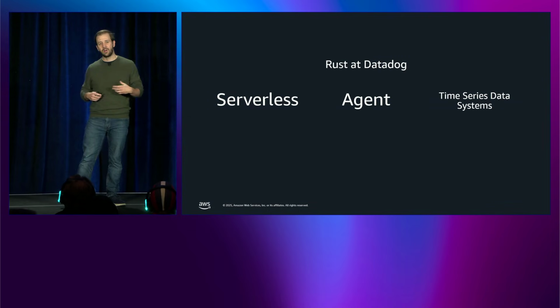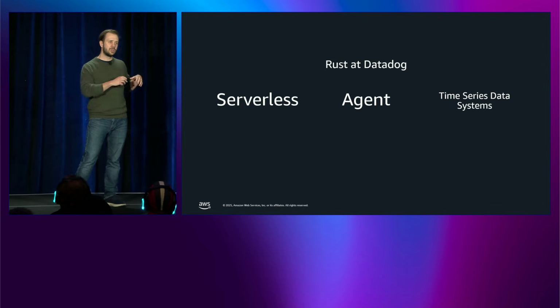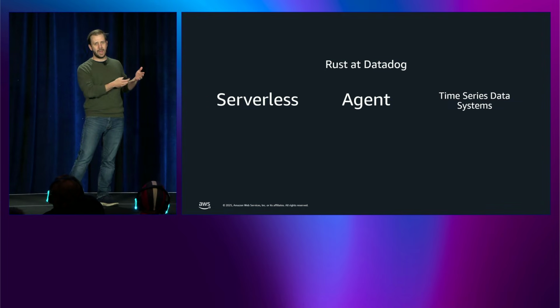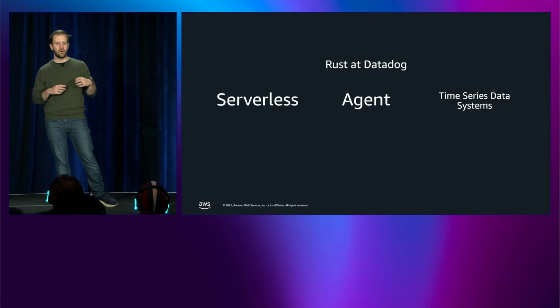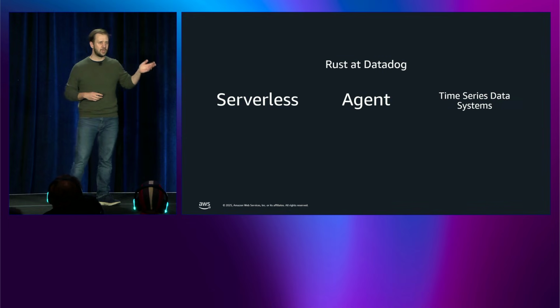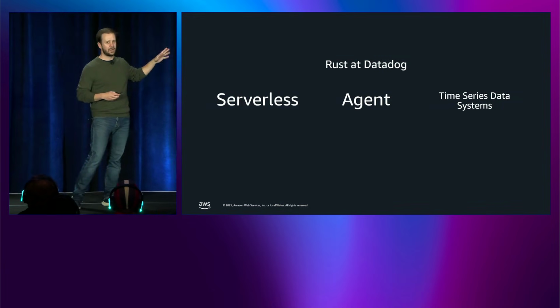The second is in our actual Datadog agent itself, where we're looking at the agent that we deploy into customer infrastructure as a separation between the control plane and the data plane, and we're rewriting part of the data plane components in Rust. And finally, in our backend, in our distributed systems, where we're using Rust to power our time series data systems.